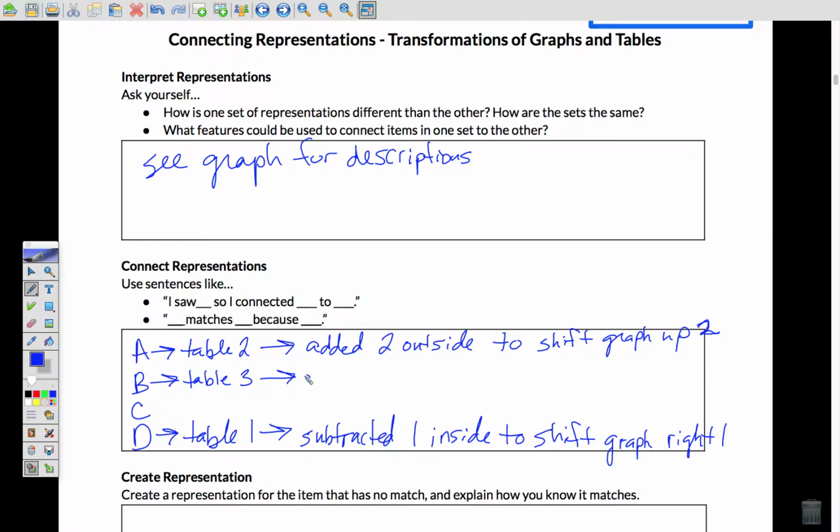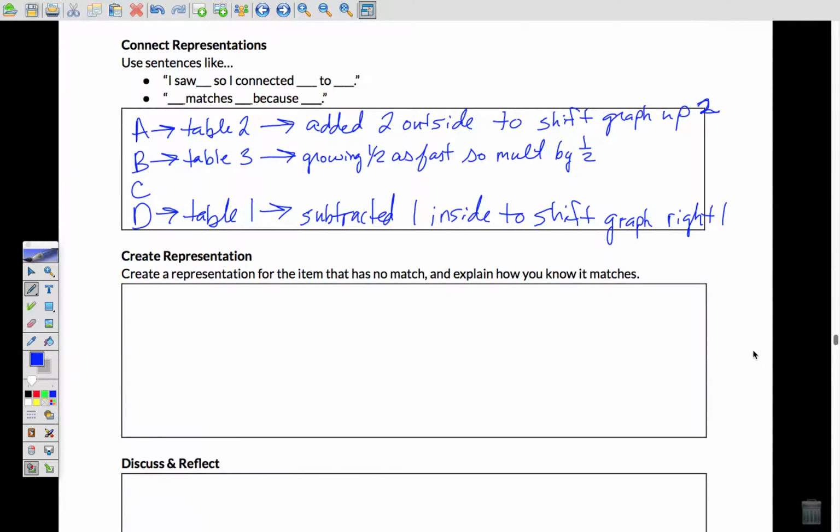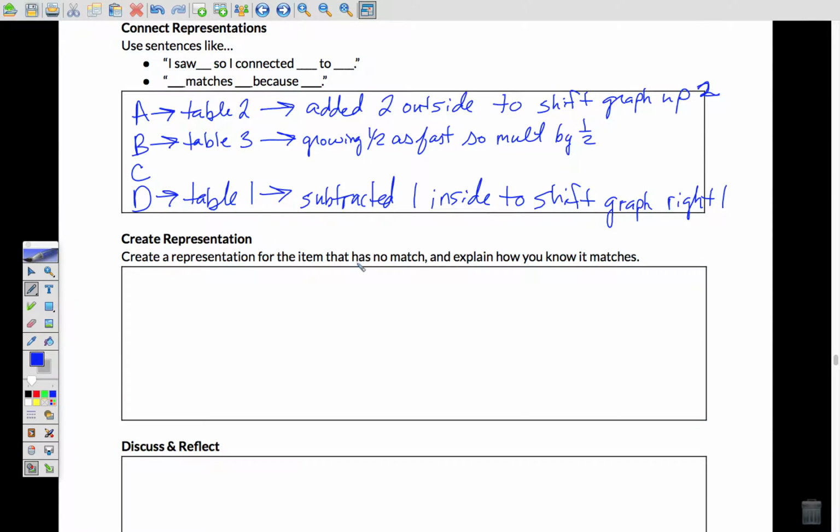And it was growing 1/2 as fast. So we multiplied by 1/2. So that leaves our next one. We're going to create a representation to match that. So we're missing graph C. Let's take a look at graph C right here.